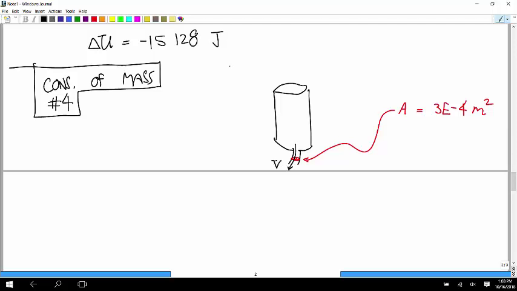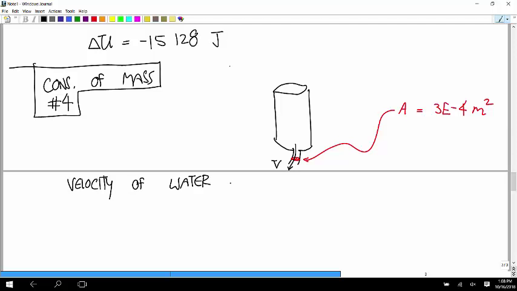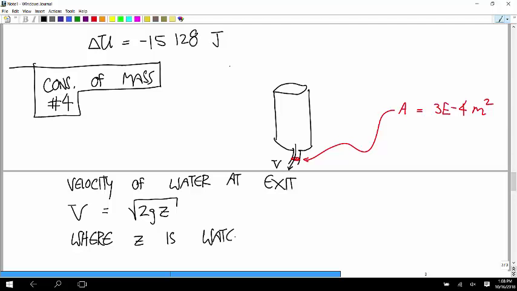Call that capital V. The velocity of the water at the exit, capital V, is equal to the square root of 2gz, where z is the water level in meters.